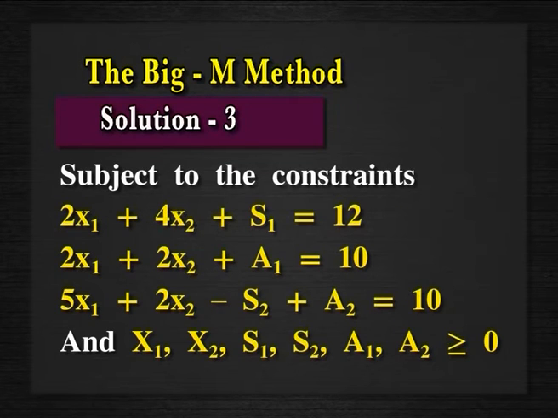Subject to the constraints, 2x1 plus 4x2 plus s1 is equal to 12, 2x1 plus 2x2 plus a1 is equal to 10, 5x1 plus 2x2 minus s2 plus a2 is equal to 10, and x1, x2, s1, s2, a1, a2 greater than or equal to 0.